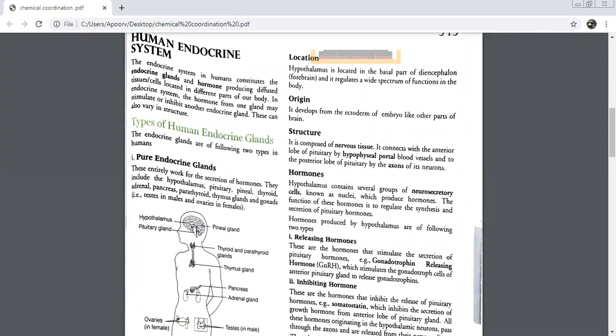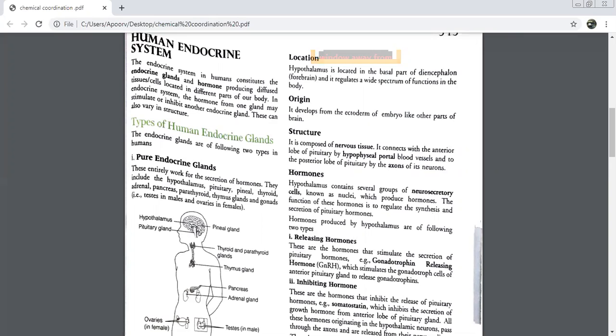Let's read further. Human endocrine system. The human endocrine system constitutes the endocrine glands and the hormones. Same definition as endocrinology, which we just read. In endocrinology I told you we will study two things: endocrine glands and hormones. So we are going to study the endocrine glands and hormone-producing diffuse tissues or cells which are located in different parts of our body.